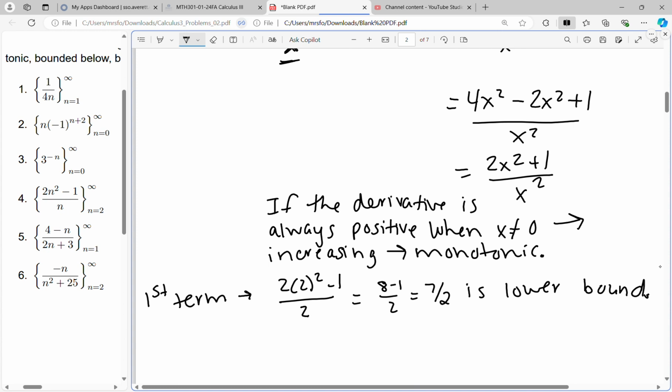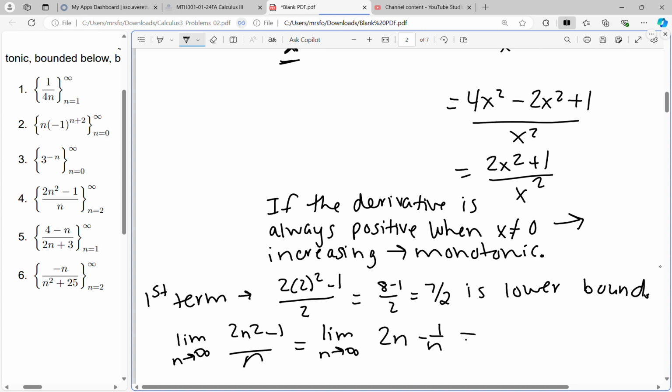Now, what is the limit as n goes to infinity for (2n squared minus 1) over n? If I simplify, dividing by that n, that becomes 2n minus 1 over n.